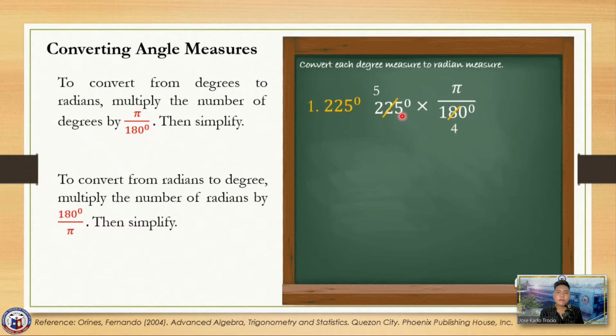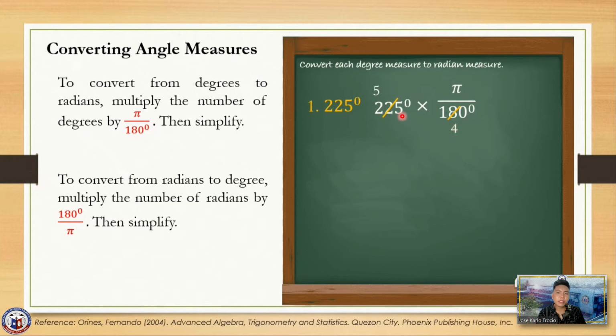The GCF of this is 225, no? What should be the GCF of 180? Is this a 30? Hold on, 225 divided by 5. Okay, so the GCF is 45.